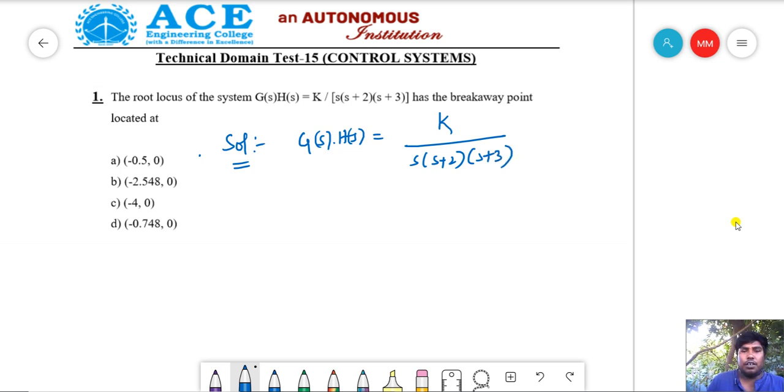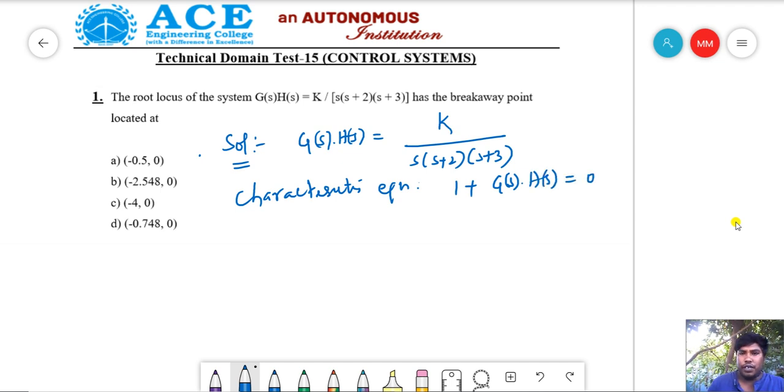Now we need to find out the characteristic equation, and it is given by 1 + G(s)H(s) = 0.